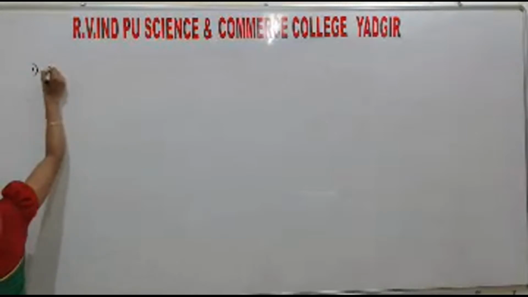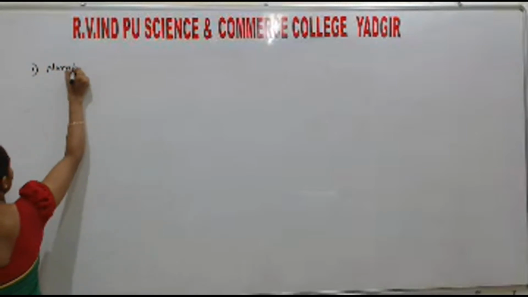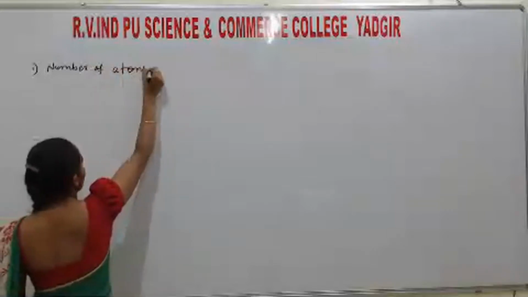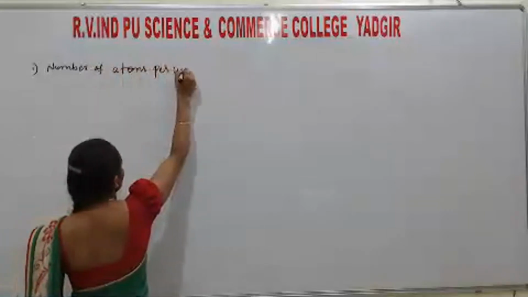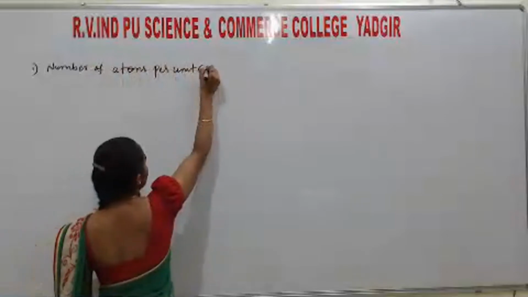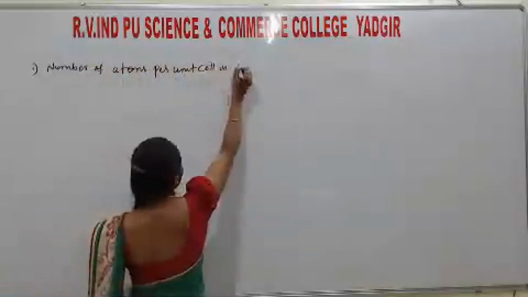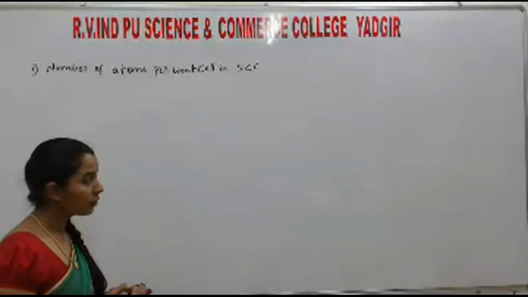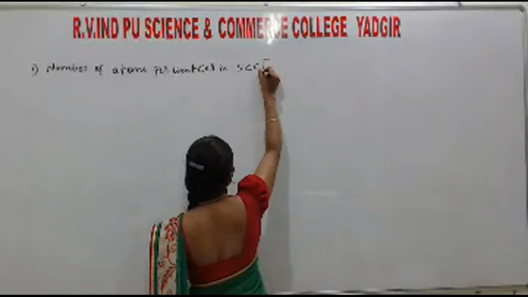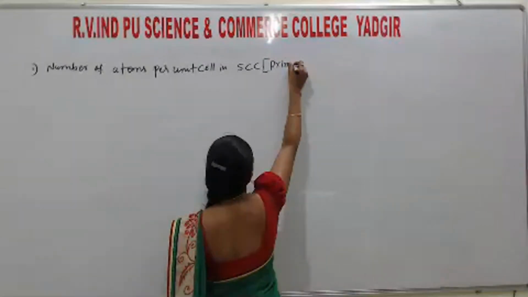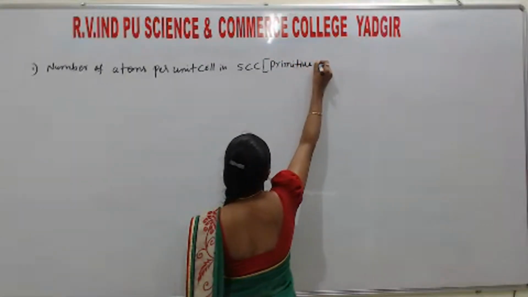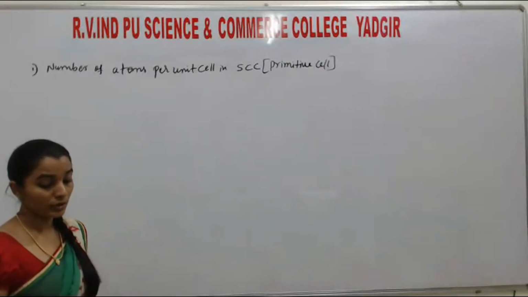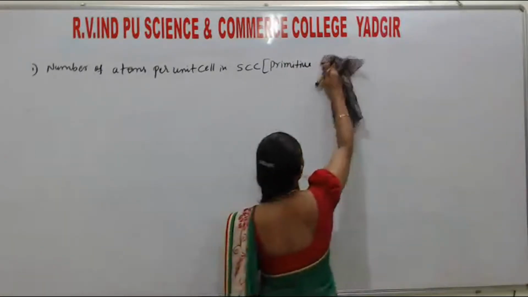First one, number of atoms per unit cell in SCC. That is simple cubic cell, or you may also say it as primitive cell, primitive unit cell.